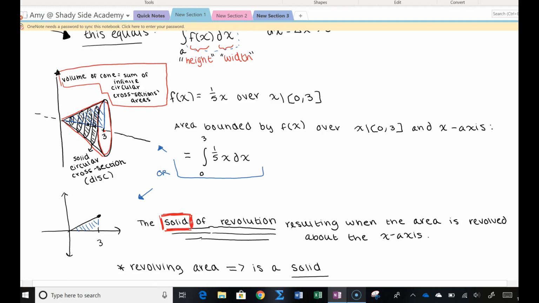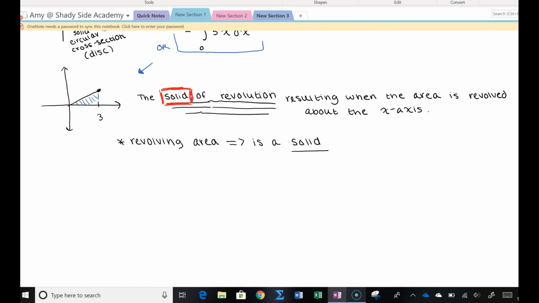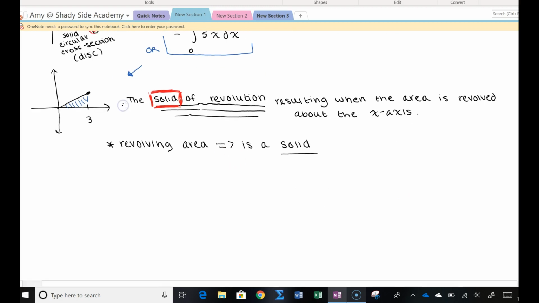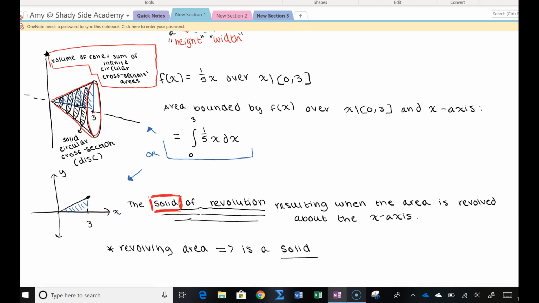The story continues. I'm out of room, but that visual, we need it. Notice something here. And by the way, this is the x-axis, this is the y-axis, not written on your paper, but it should be understood. Are my circular cross-section areas stacked over an interval of x or over an interval of y?